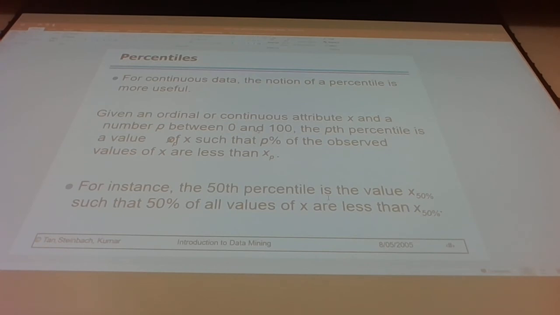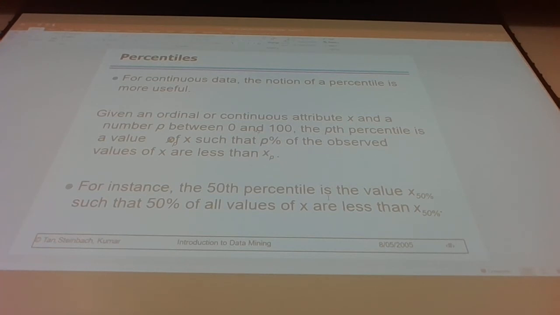Then percentiles. Oh, there is some formatting problem. So you know percentiles. Percentile means: given an ordinal or continuous attribute x and a number p between 0 and 100, the pth percentile is a value xp of x such that p% of the observations of x are less than xp.